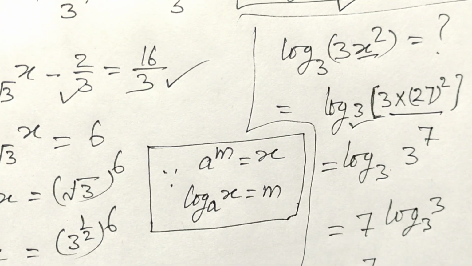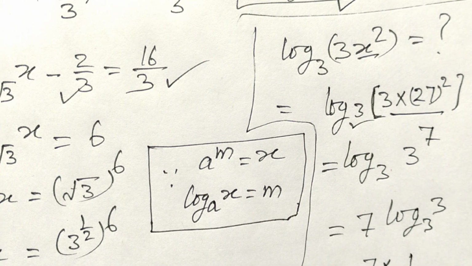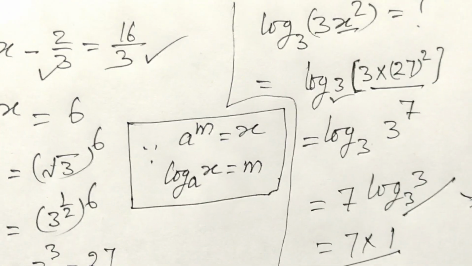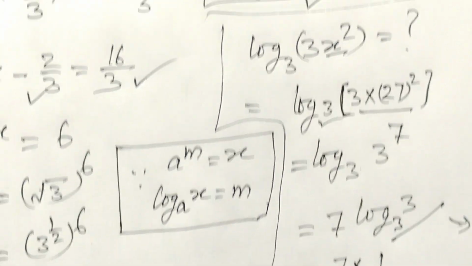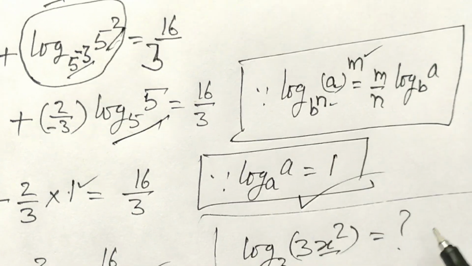So this value will be 7 into 1, and this is equal to 1. So this value will be 7.